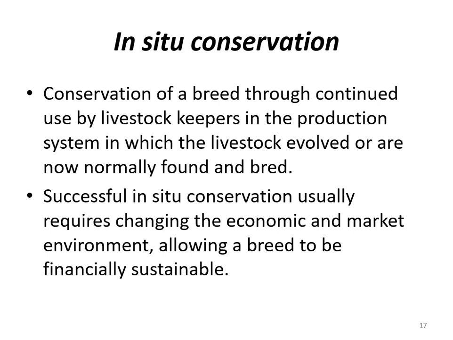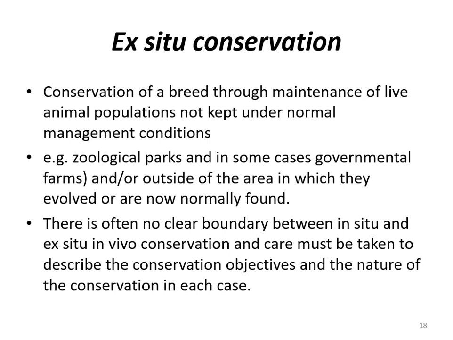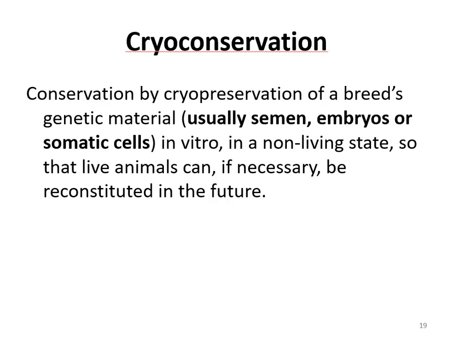Here we have a challenge of making them more productive and competitive. And in ex situ conservation, we keep animals away from their production system, for example, zoological parks and government farms. So it is hard to distinguish between these two. Similarly, cryoconservation is not keeping the live animals. Instead, we keep their genetic material, for example, semen, embryos, and somatic cells, so that we can reconstitute those animals again if we need them.